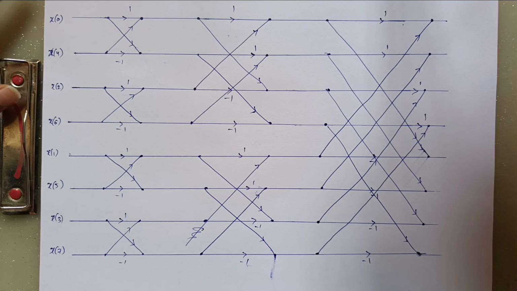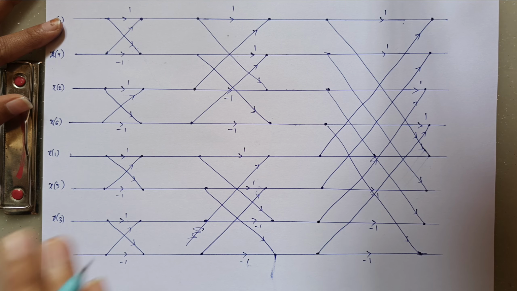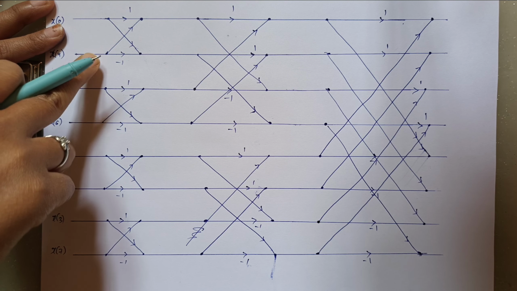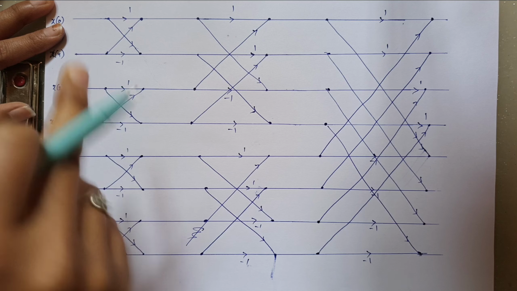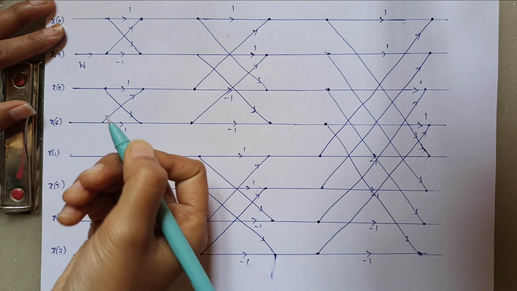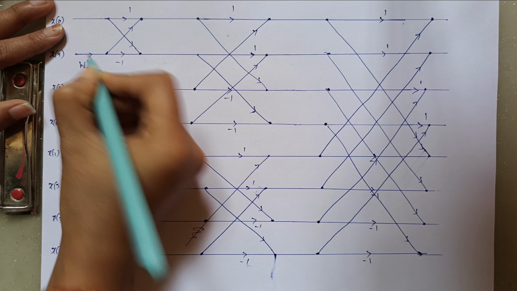Right? Now what we need to do, we need to consider on the left bottom of the butterfly, we need to take W, and what is the capital N value? 8, right? So W8 of 0.